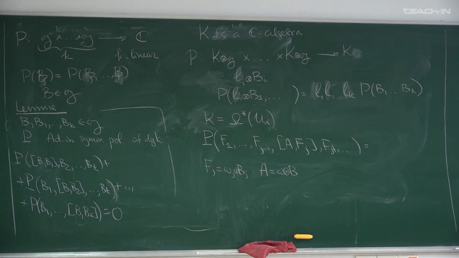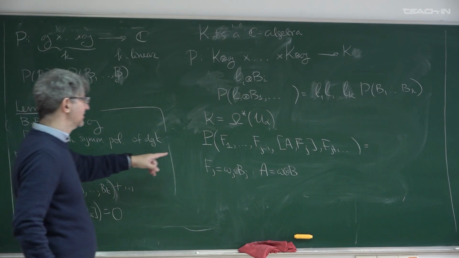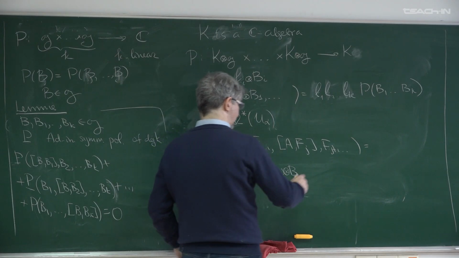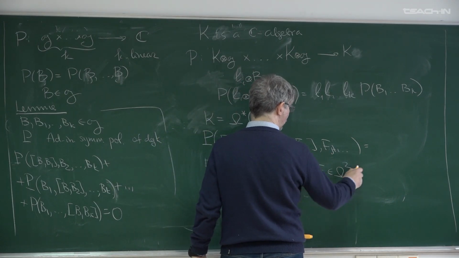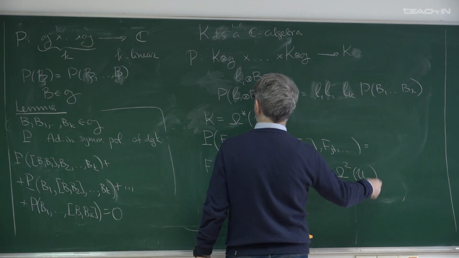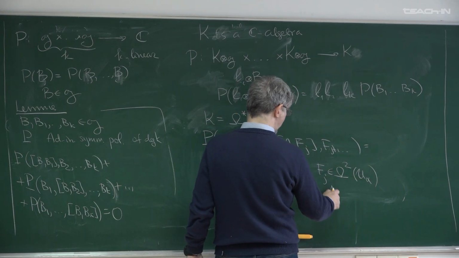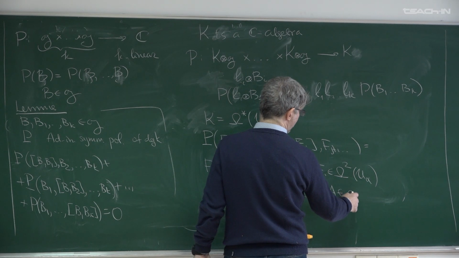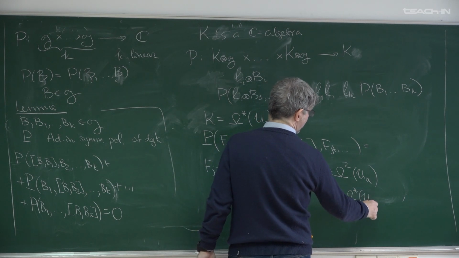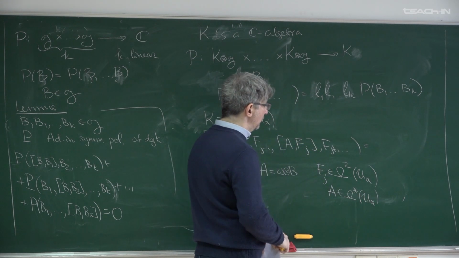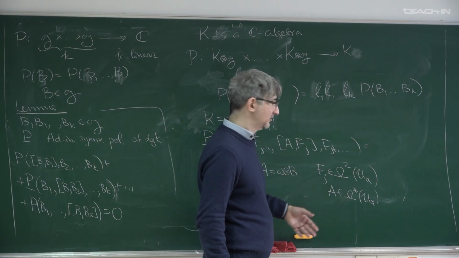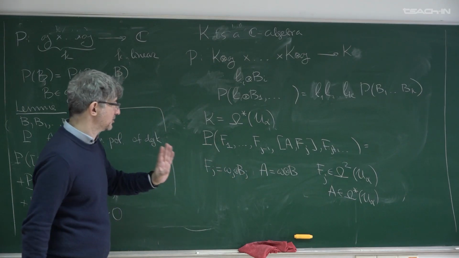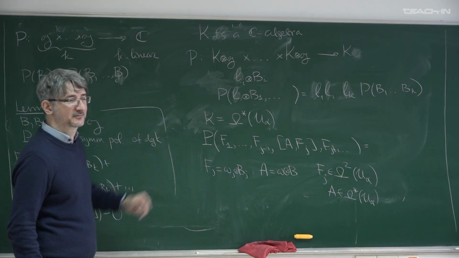So the question is, I wrote this complicated expression. Inside, fj is a two form on the trivializing chart. A is something. Actually a will be a one form, but now it's not important. So my question is how to calculate this thing.